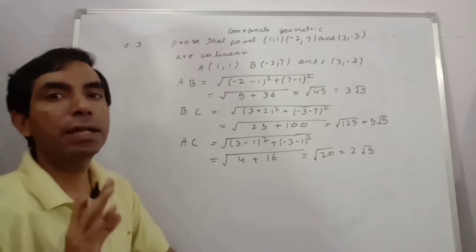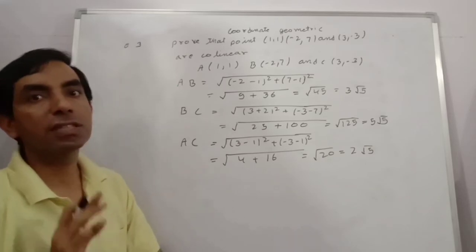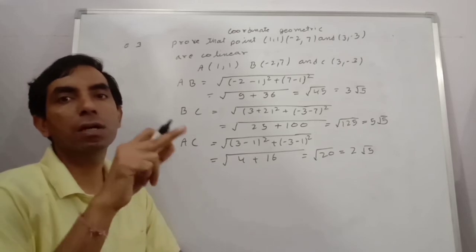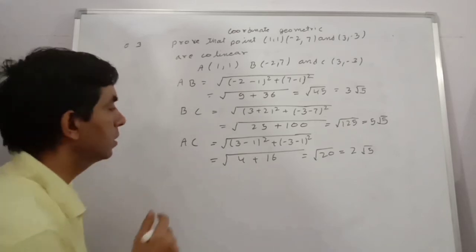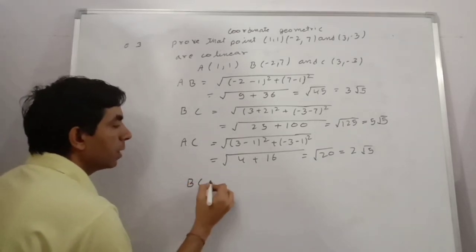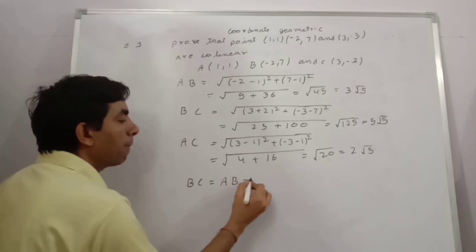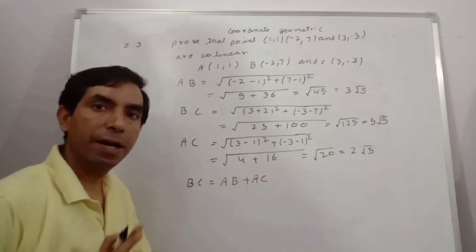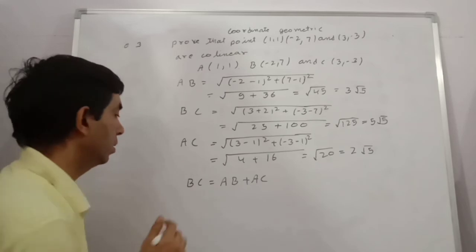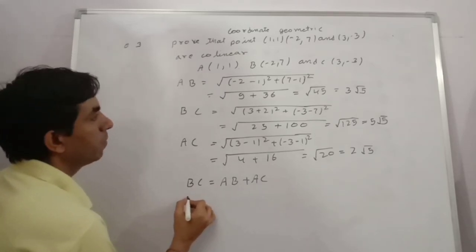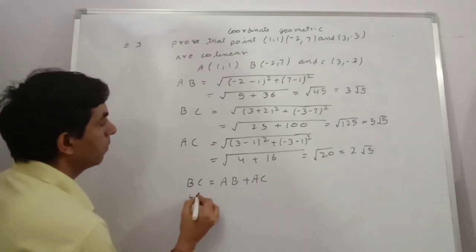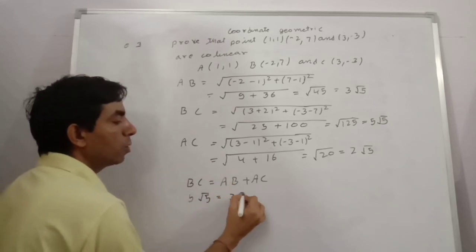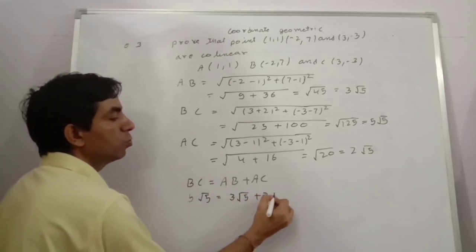For proving any 3 points are collinear, the sum of two distances is equal to the third distance. Means BC equals AB plus AC. Here the sum of two distances is equal to the third, so it is collinear. So BC is 5 root 5, AB is 3 root 5 and AC is 2 root 5.